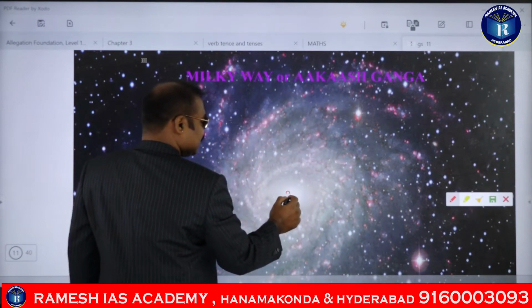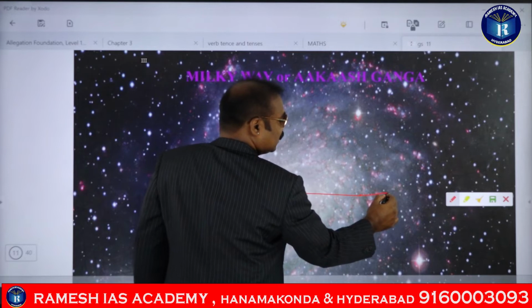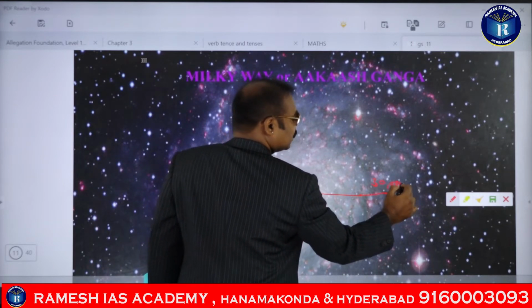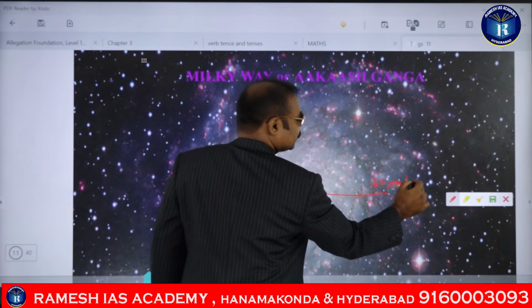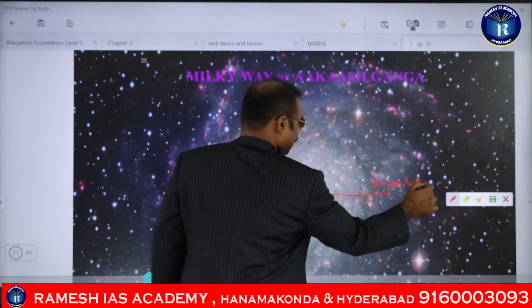if this is the center of the galaxy, the sun is present at a distance of 30,000 light years away from the center.